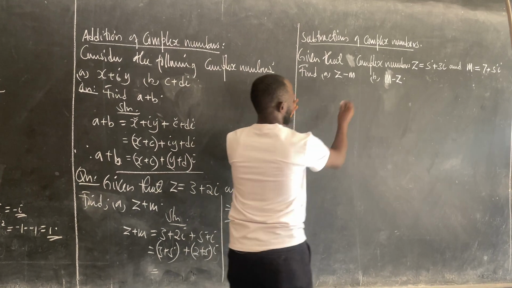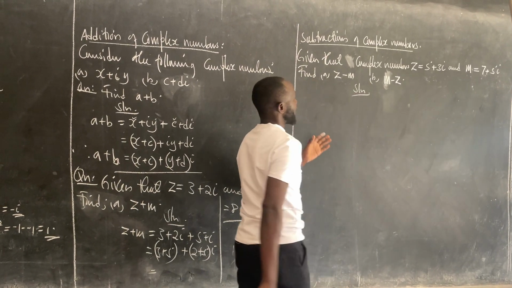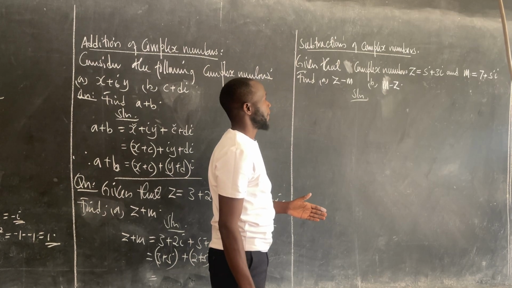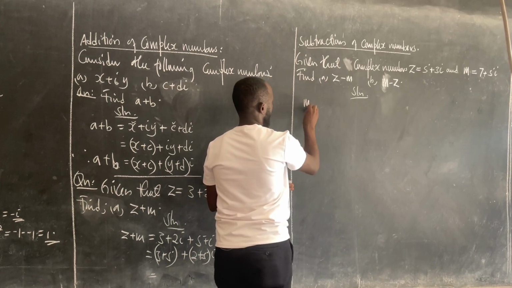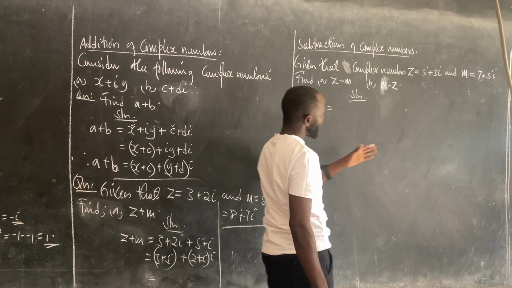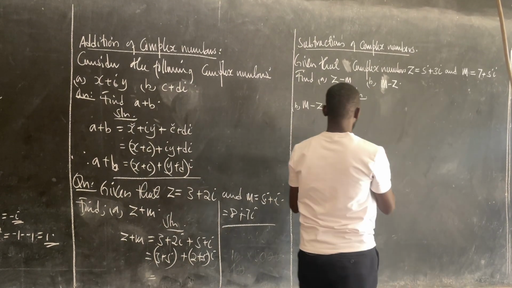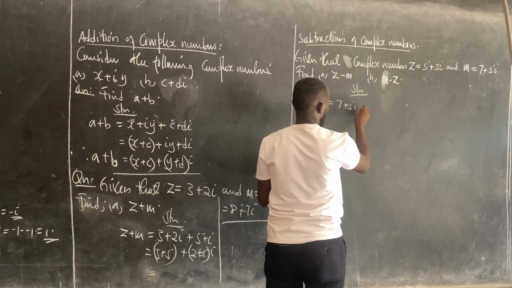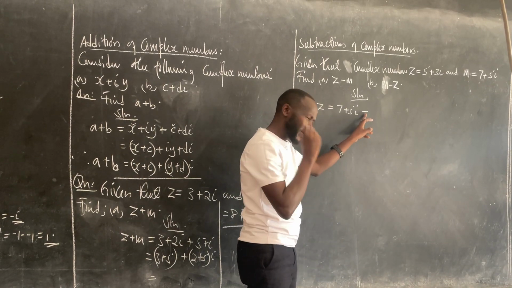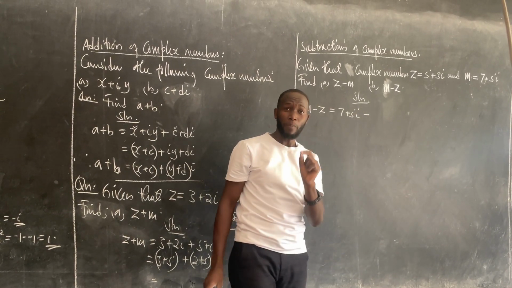So when you have this, in your solution, let me opt for part B, m minus z. M minus z shall equal, the value of m is 7 plus 5i, minus, remember we are subtracting. And the moment you're subtracting, be careful with complex numbers.